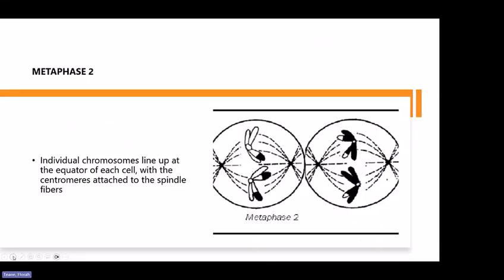The next stage, which is called metaphase 2, is the stage whereby those chromosomes which were just lining up there in that diagram of prophase 2 are now arranging themselves at the equator, an imaginary line of the spindle, the middle line.